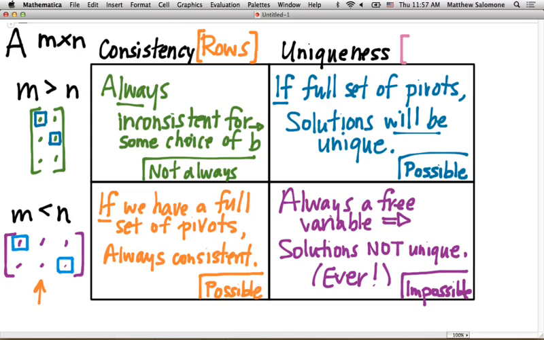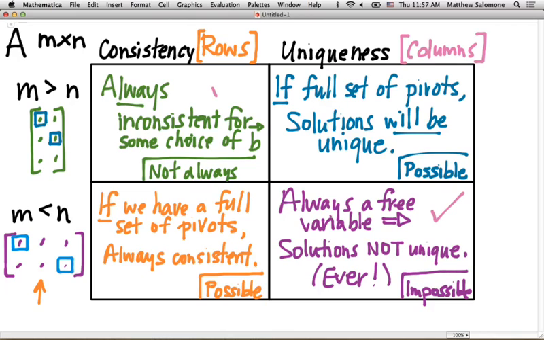Whenever we have more rows than columns, or more columns than rows, we're either going to be in a situation where uniqueness is always not possible, so wider than tall, where we have an underspecified system of equations. We will always get at least one free variable, and so solutions will never be unique.